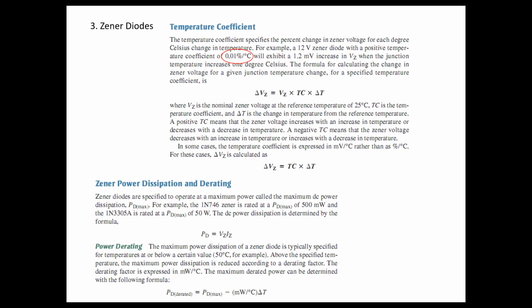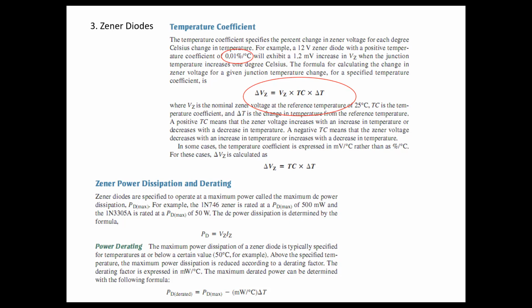To find this, we can use this equation: delta VZ, the change in voltage, equals the rated voltage VZ multiplied by the temperature coefficient multiplied by the change in temperature.